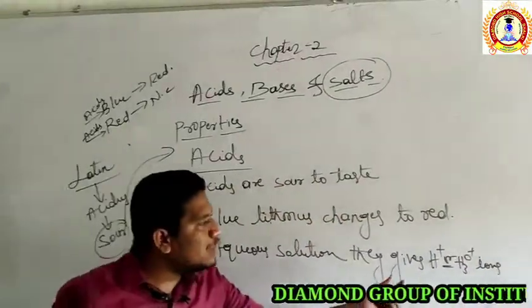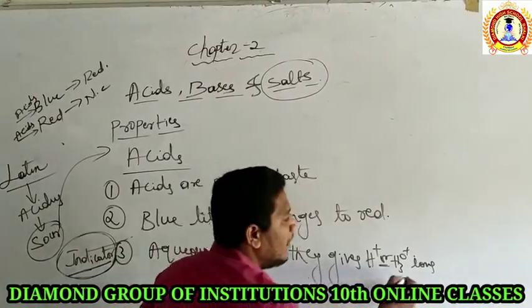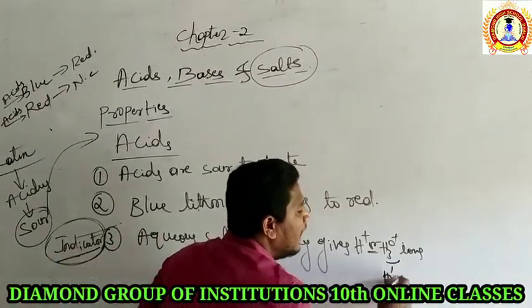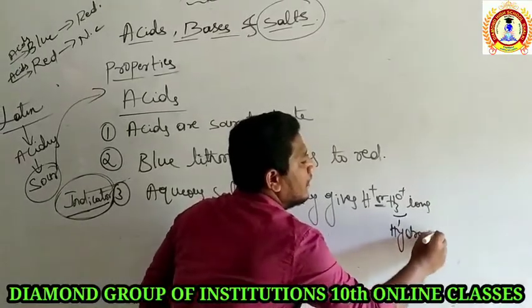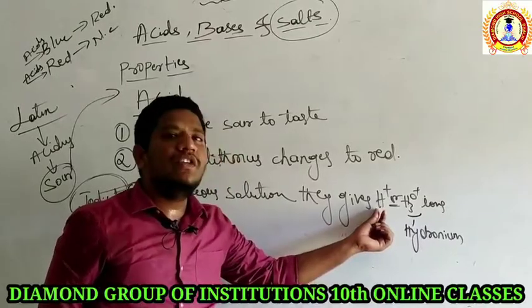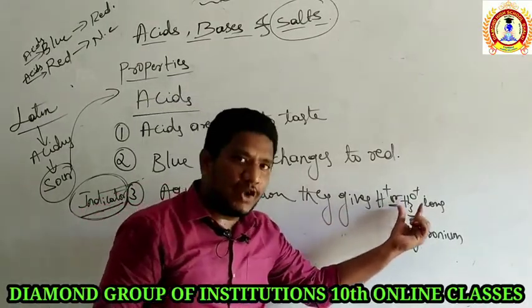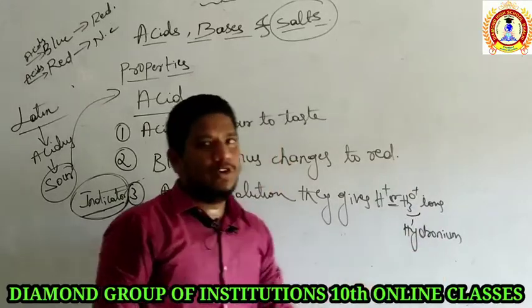They give hydrogen ions or hydronium ions. H3O plus ion is nothing but the hydronium ion. In general, the hydrogen ion is not present in a single form. It is always present in the H3O plus form, which is known as the hydronium ion.